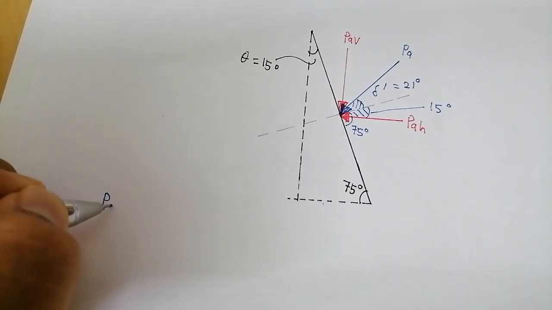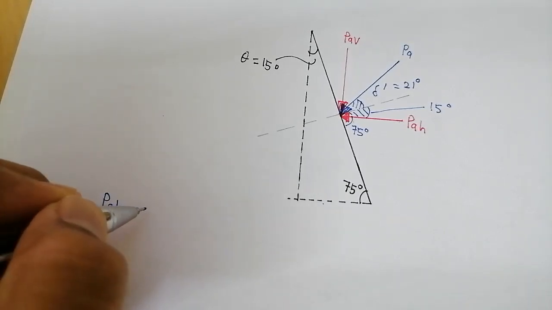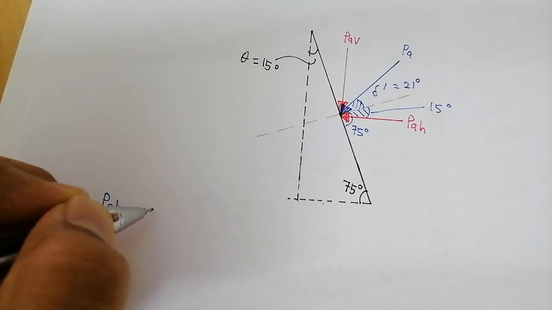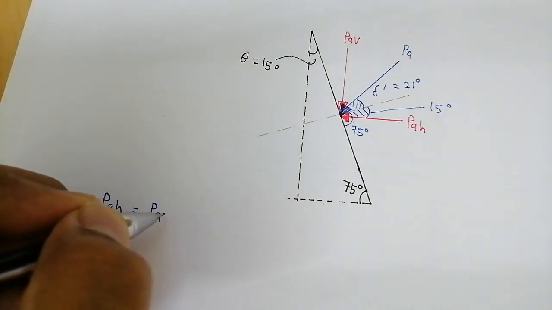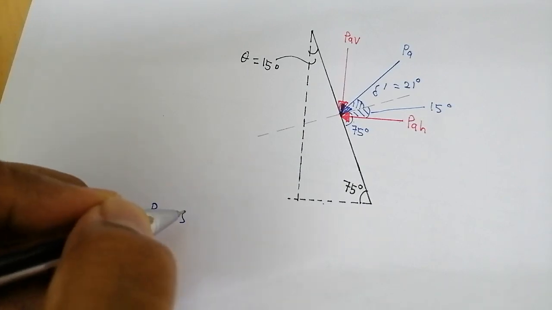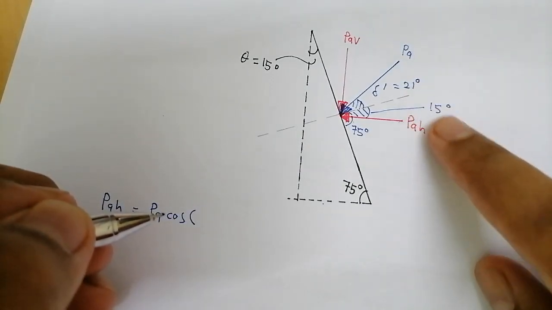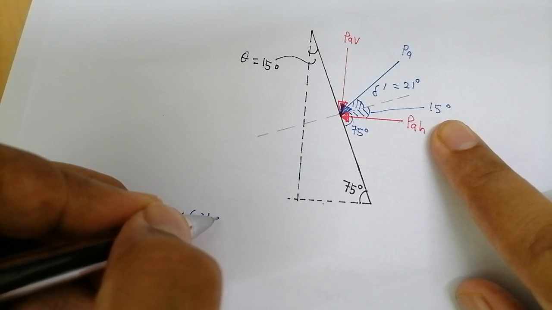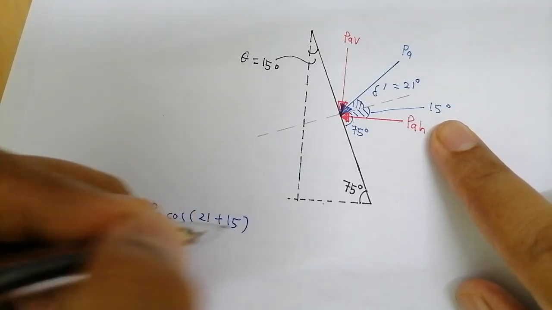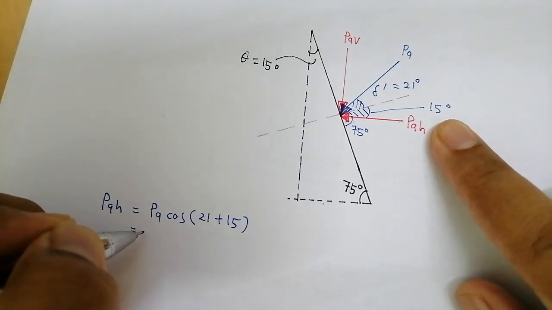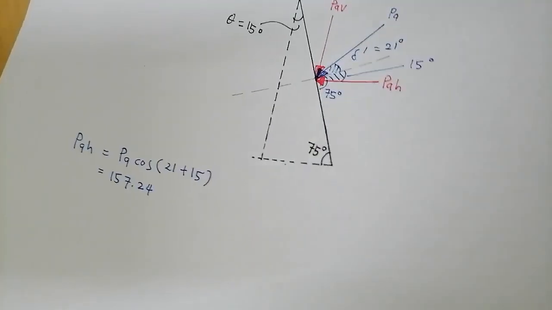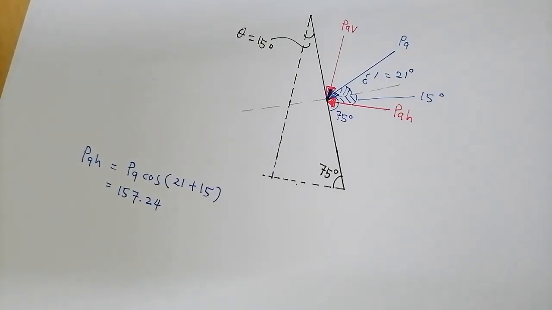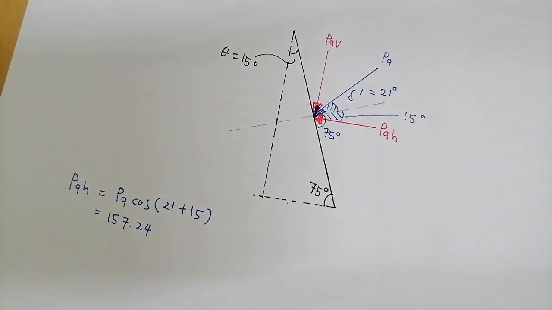So to get the PAH, let's now calculate PAH equals PA cos (21 plus 15), isn't it? Our PA is 157.24. Is that right? Let me check. Yeah, our PA is 157.24.